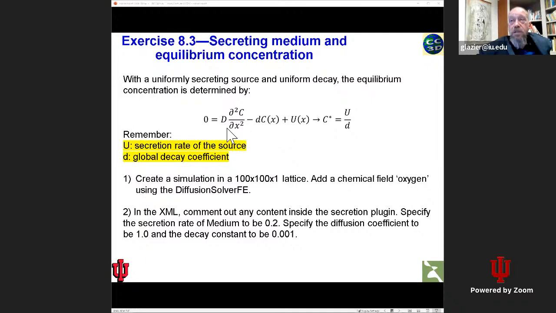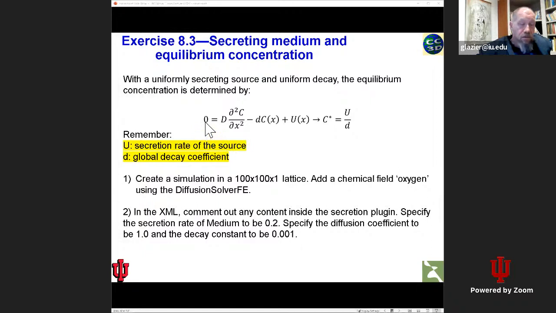If I have this diffusion equation, and I've already jumped ahead a little bit because this should be d by dt of the concentration equals the diffusion constant, second derivative of concentration, minus decay plus source.